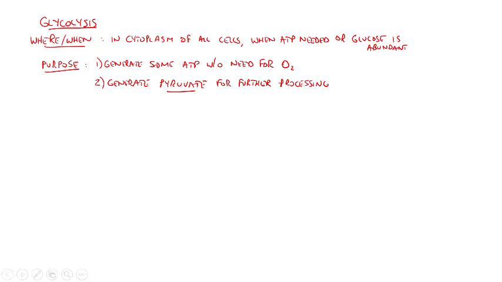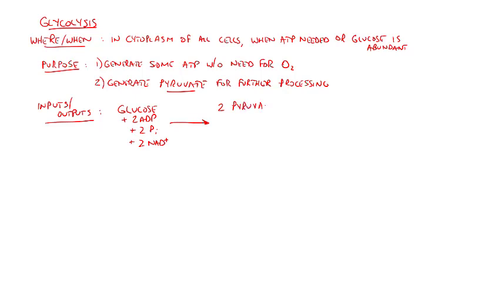Okay, so we have to talk about what are our reactants and products, what are our inputs and outputs. We said that we have glucose plus 2 ADPs plus 2 phosphates plus 2 NAD plus reacting to give us 2 pyruvate, 2 ATP, and 2 NADH.